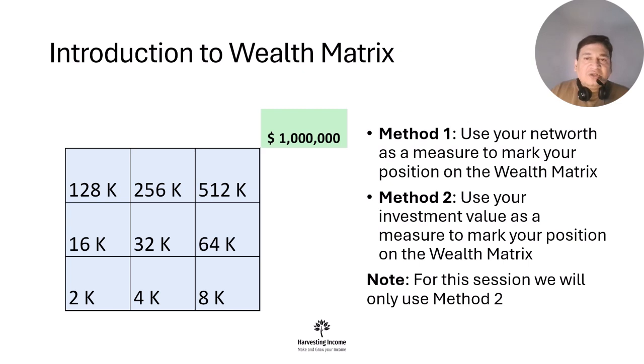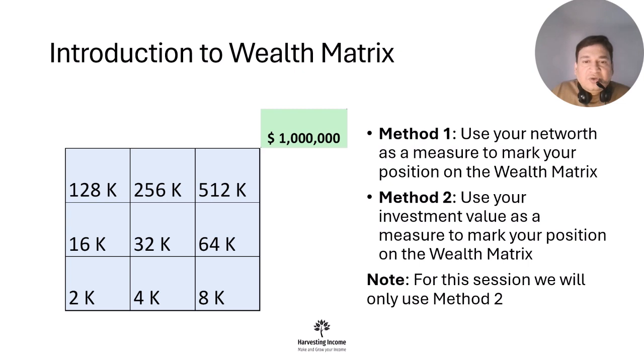So in method two, you're just looking at your portfolio value, one aspect of your financial life. You're not looking at everything, from your expenses to debts to assets to liabilities. If it's so complex and overwhelming, it's better to use method two. And in this session, we are going to talk about method two only.